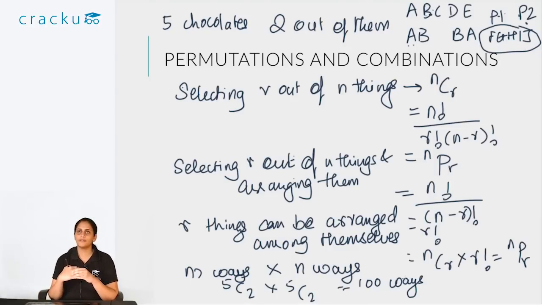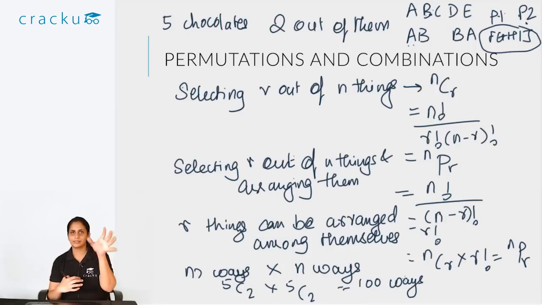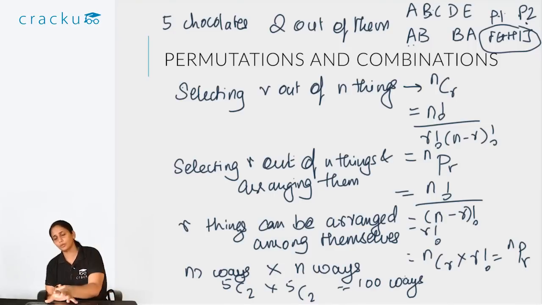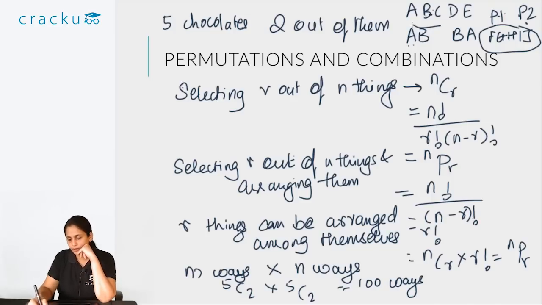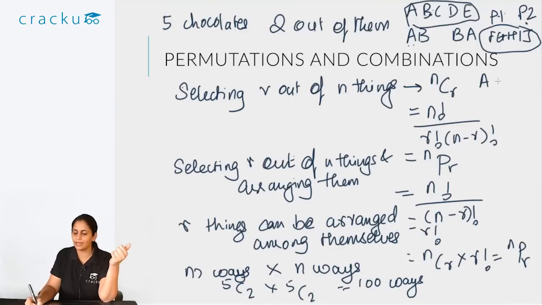Now suppose you have different scenarios, that is there is scenario A, or there is scenario B, or there is scenario C. Suppose the condition is that these are the 5 chocolates that I have, and I should either select A or E, and I can select any one of the other chocolates B, C or D. Now if I select A, then I have 3 choices, that are B, C or D, and if I select E, I have 3 choices.